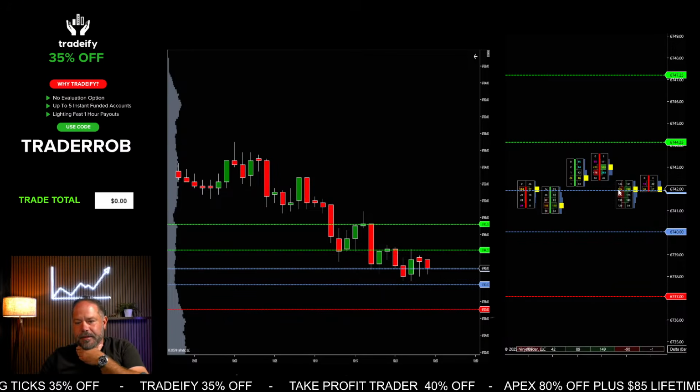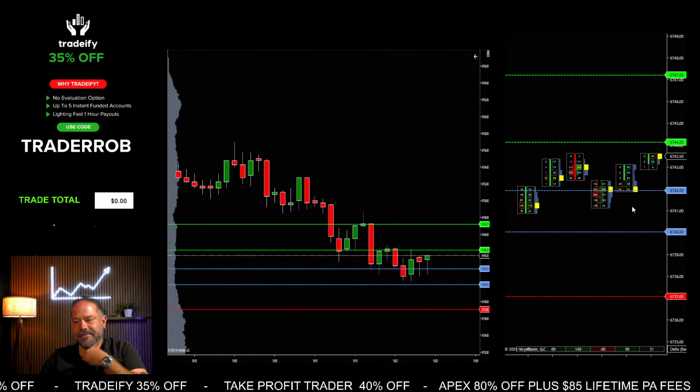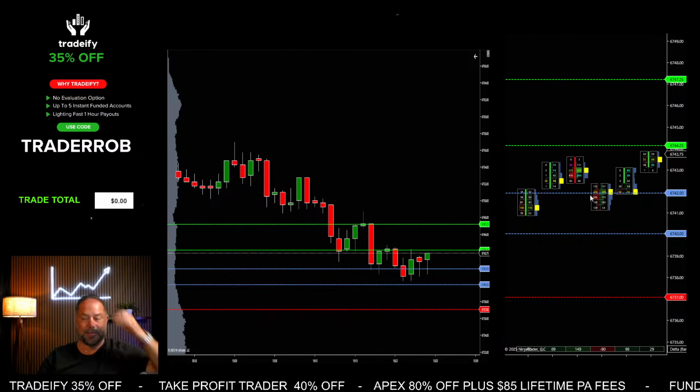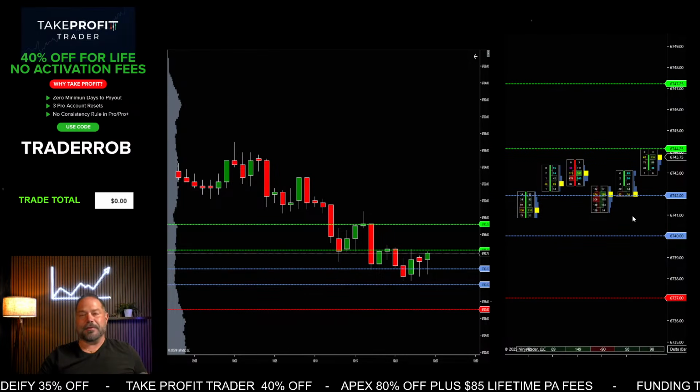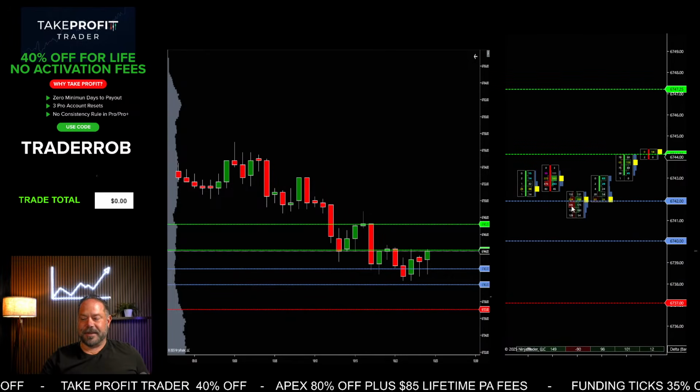That one right there could have been it. It just ended up as a doji, not a green candle. I stick to my rules, but this print right here will probably show you a pretty nice move. I can tell you that right now. But I follow my rules.